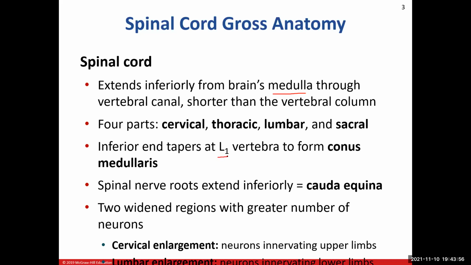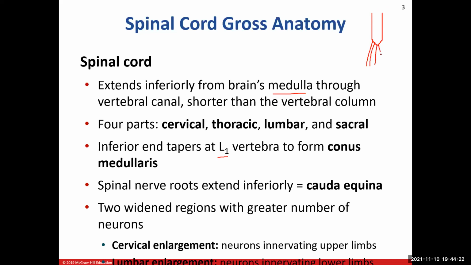So by the time you get to L1, you'll have this cord-like structure, and then it stops and forms this little kind of pointy structure. And that pointy structure is called the conus medullaris. And from there, our nerve rootlets will hang down, and there's many of them.